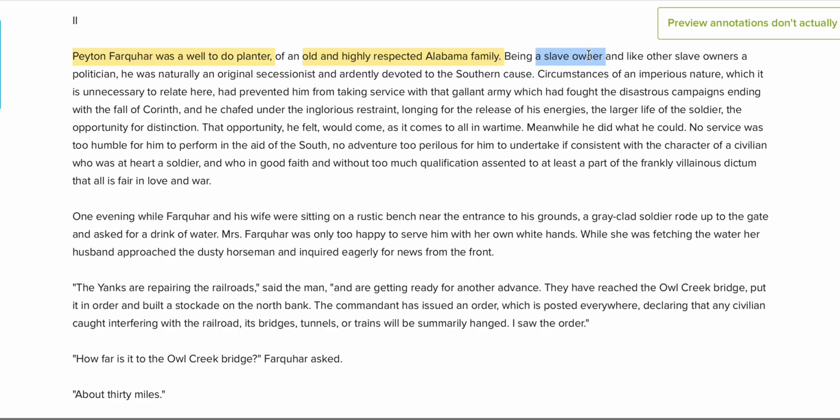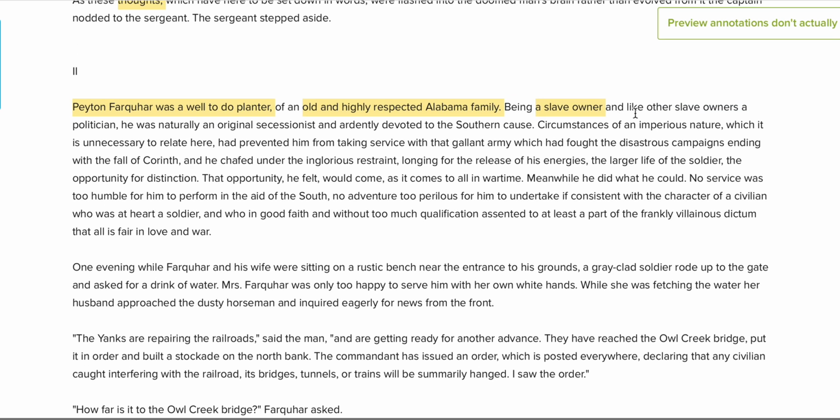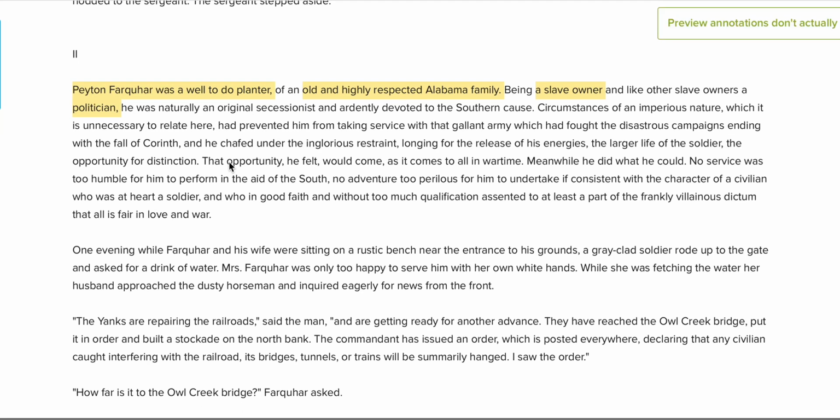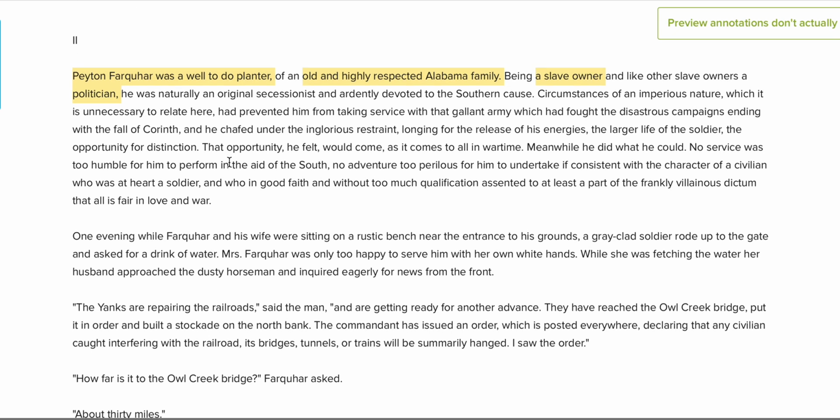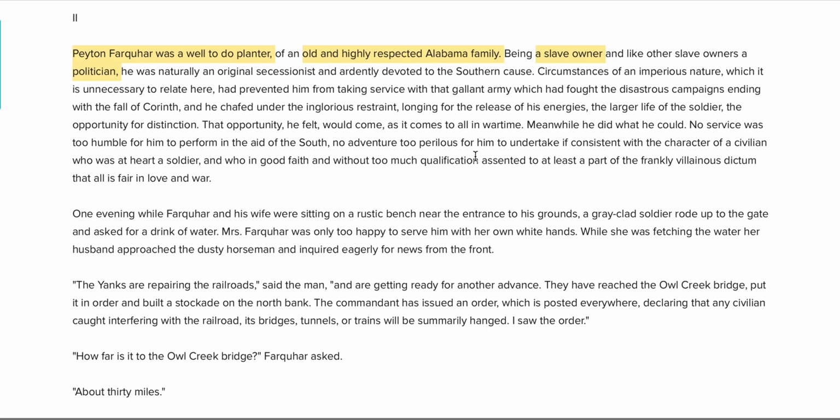We know that he was a slave owner, and also that, like other slave owners, he was a politician. So one more time, we're introduced to the circumstances of nature and the historical background of this period of time.